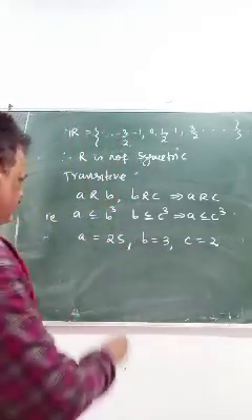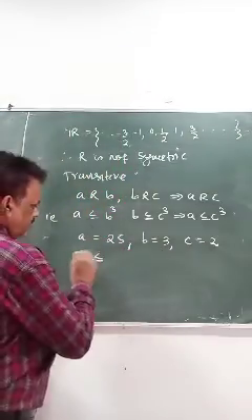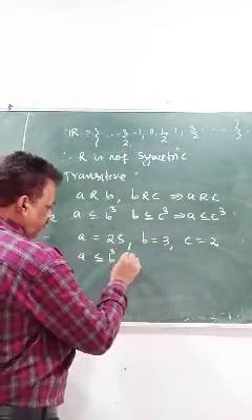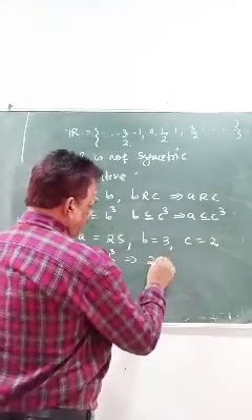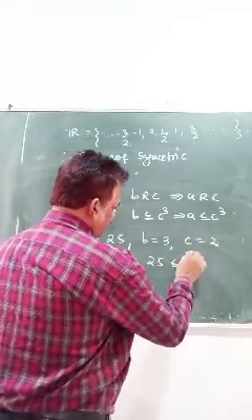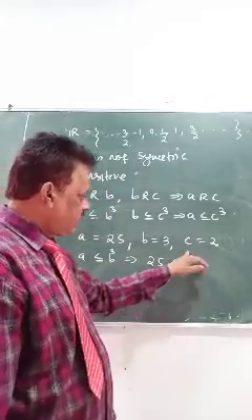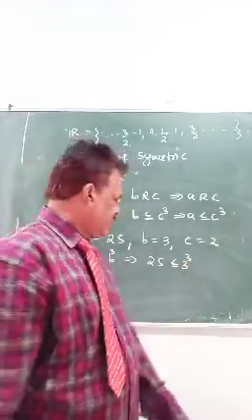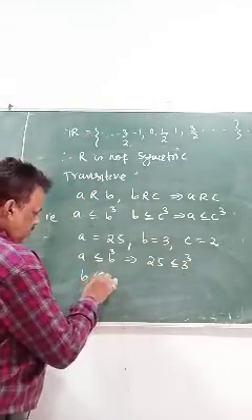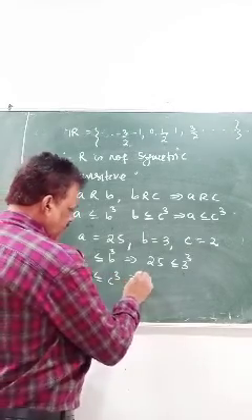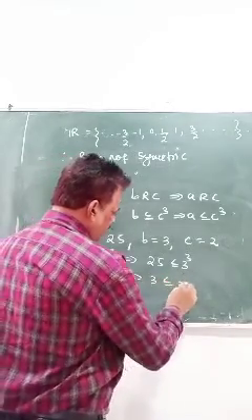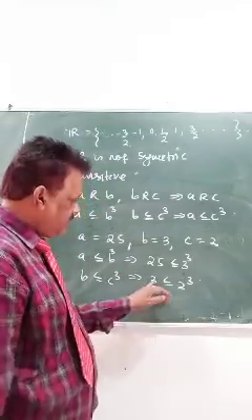Suppose A is less than or equal to B cube: 25 is less than or equal to 3 cube. This is possible because 3 cube is 27. B is less than or equal to C cube implies 3 is less than or equal to 2 cube, 3 is less than 8.